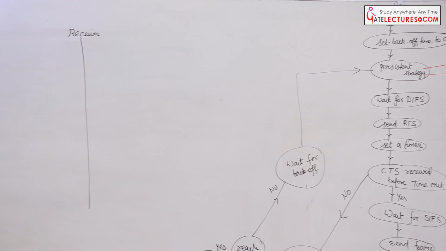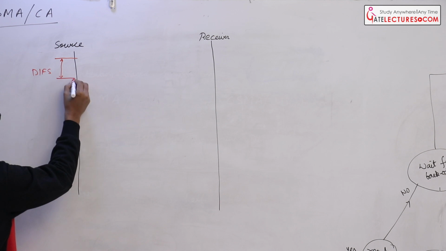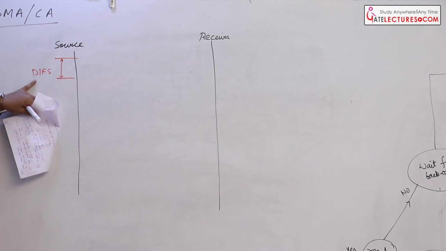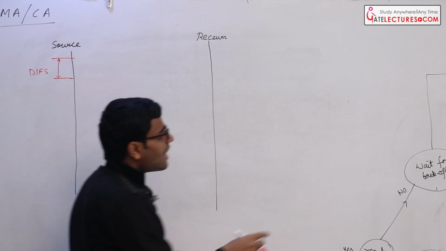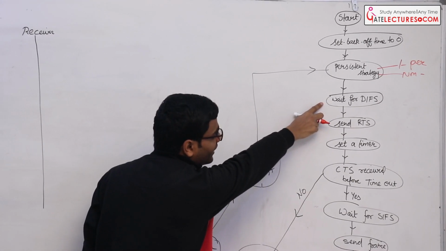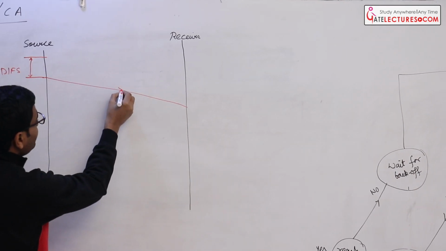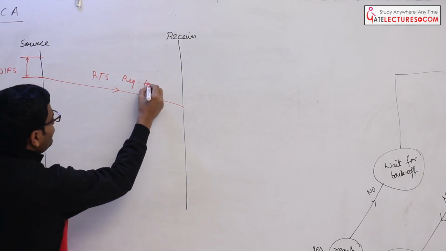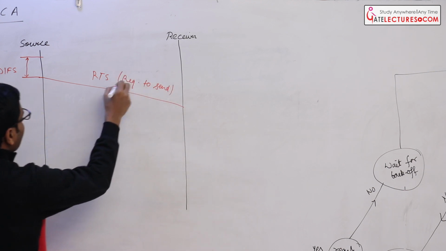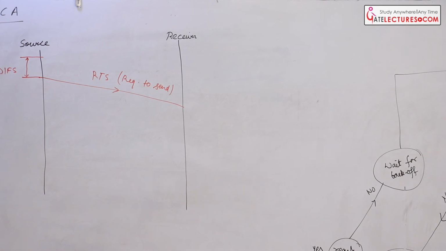If the channel is idle, then this station will wait for some time which we call DIFS time. DIFS means distributed interframe space. Then after waiting for a DIFS amount of time, it sends a control frame to the receiver which we call RTS, request to send. The sender is asking the receiver for permission whether it can send the data or not.